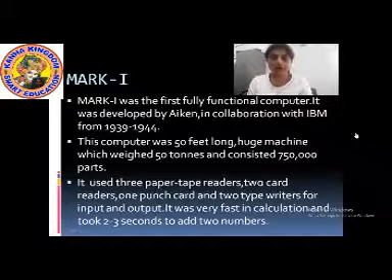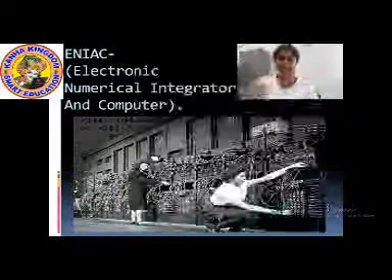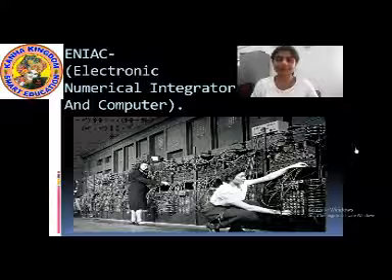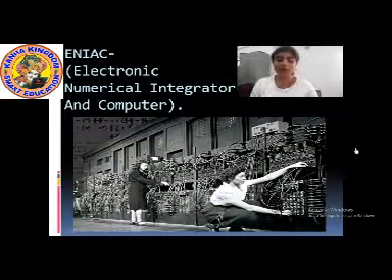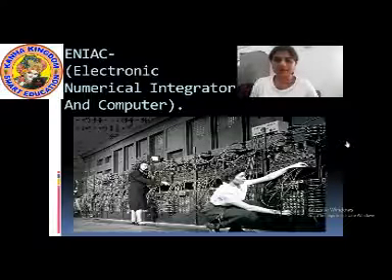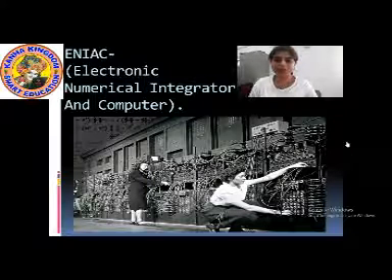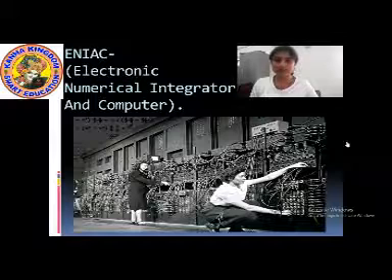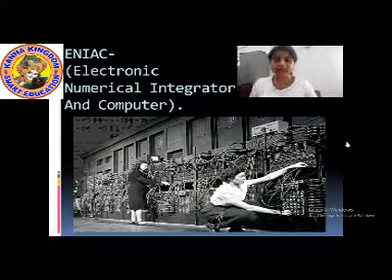Let us move to another computer of the first generation, that is ENIAC. Students, this is the picture of ENIAC, the computer of the first generation. Can you see? So many wires are attached with each other, and it is also a very huge computer.